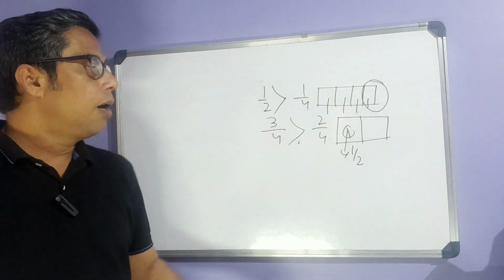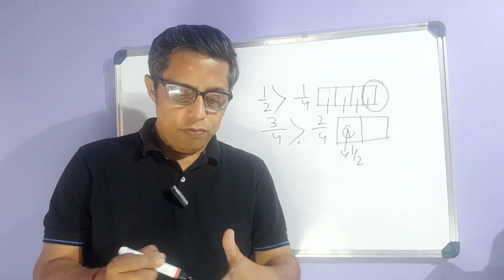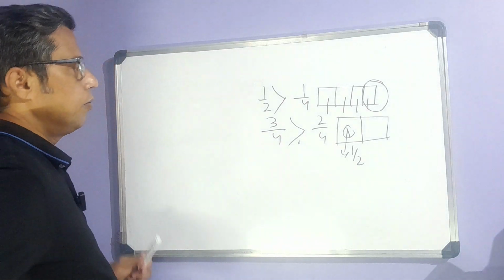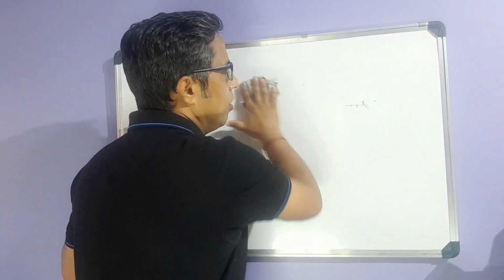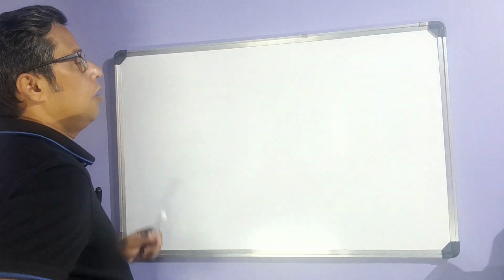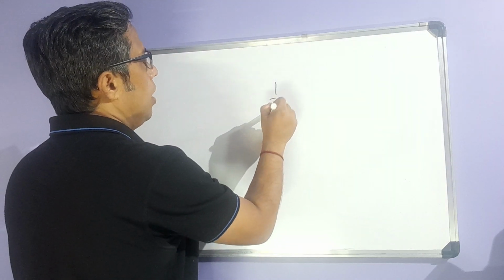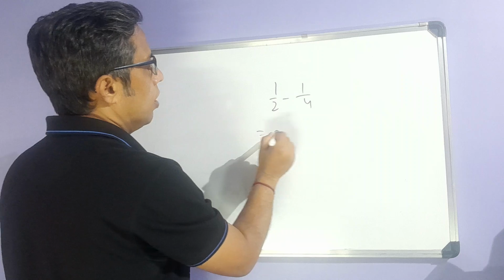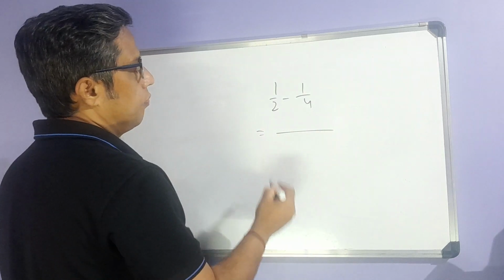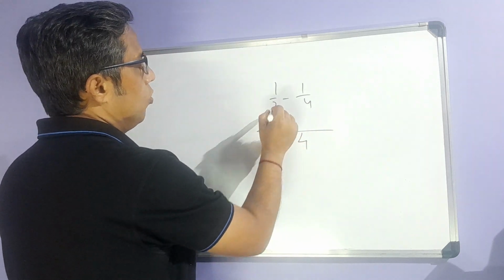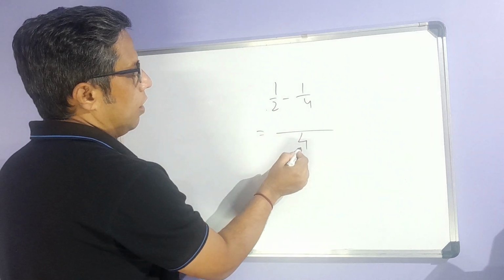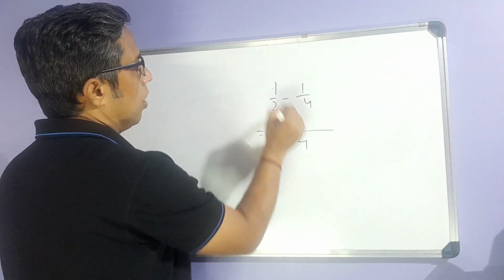This way you have to make your concept clear on fractions. Fraction is a very crucial part. Now if I do 1 by 2 minus 1 by 4, what are we going to do? The LCM of 2 and 4 will be 4. So it will be 2 divided by 4, 2 into 1.